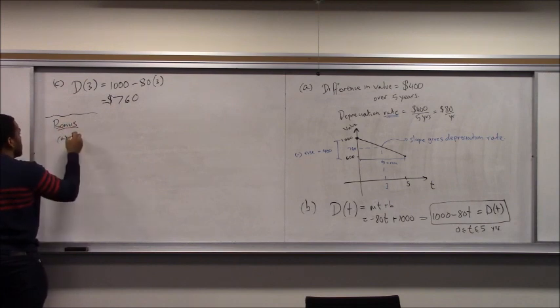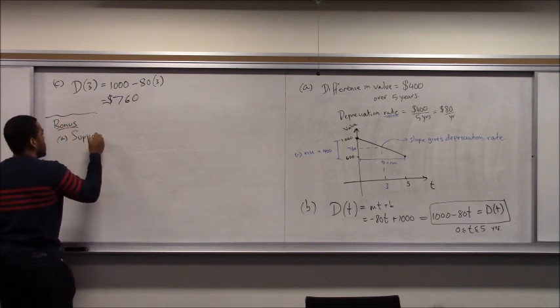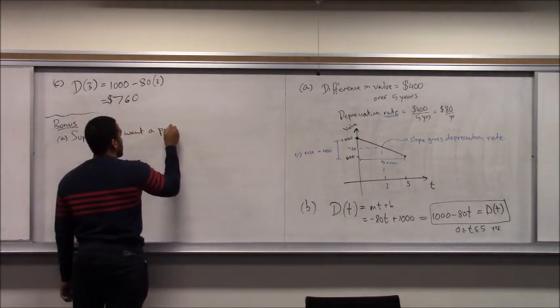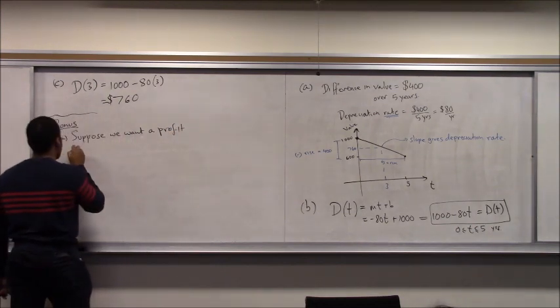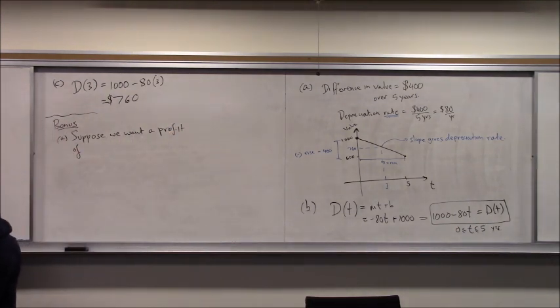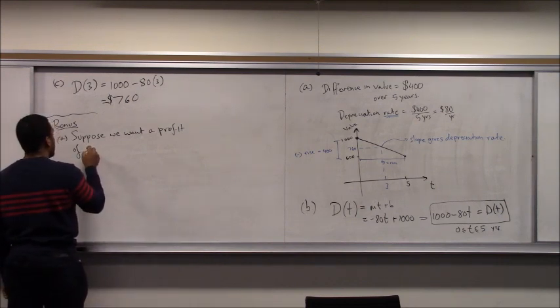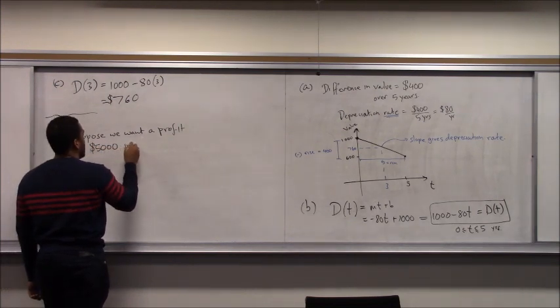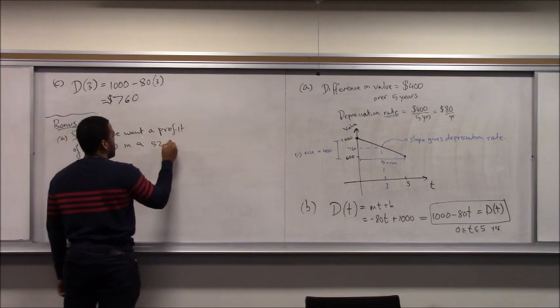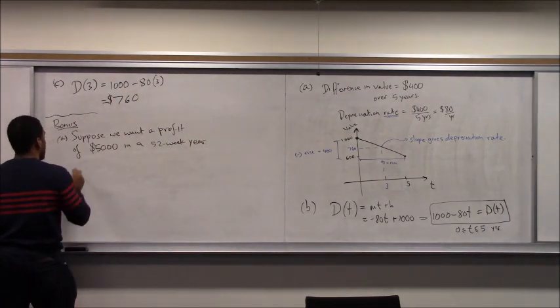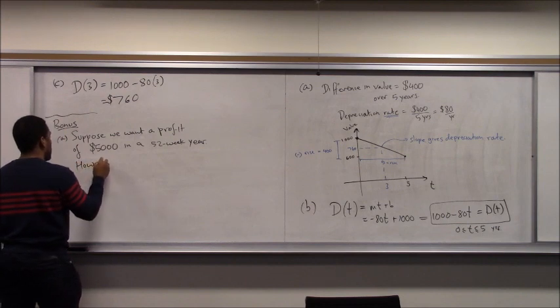A. Suppose we want a profit of $5,000 in a 52-week year. Say I'm selling year round. How many cups do I need to sell?